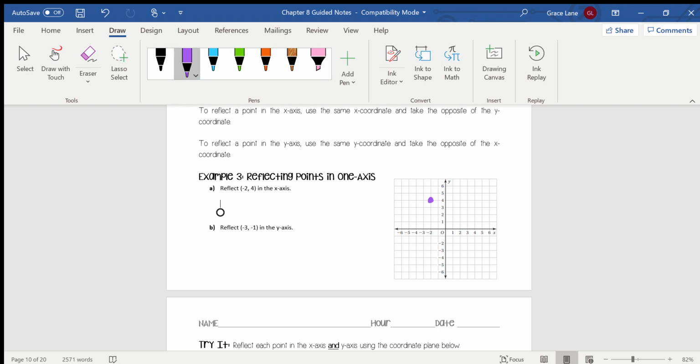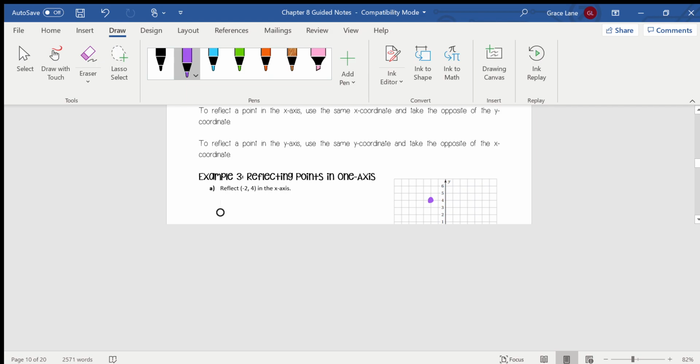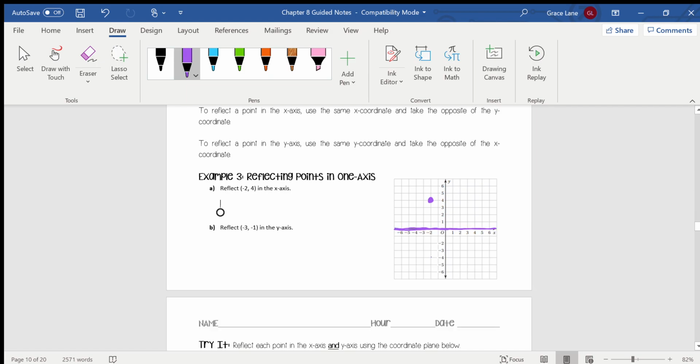And then reflect in the x-axis means that you're going to pretend that the x-axis, this line right here, is like a mirror, and you're reflecting the original point onto the other side as if it were a mirror image. And so it would stay on the -2 line, but instead of +4, it's now at -4.